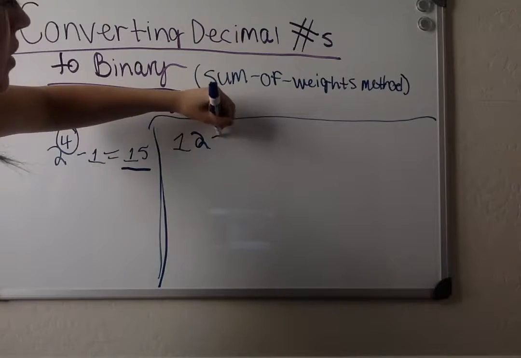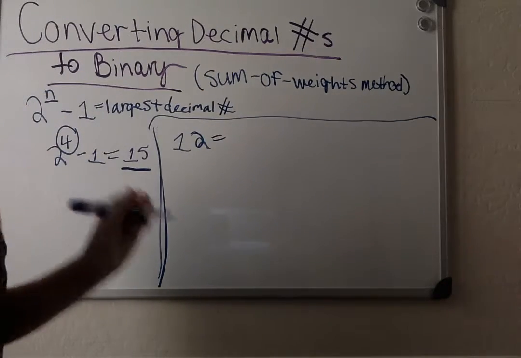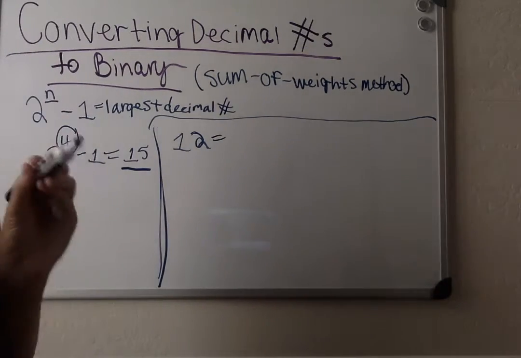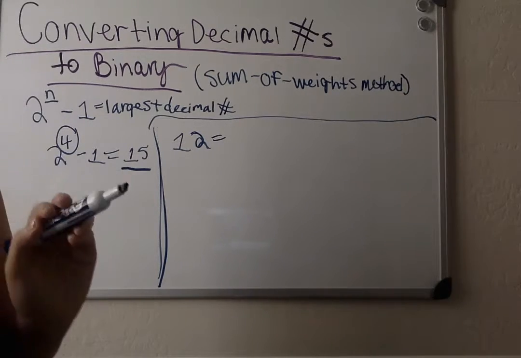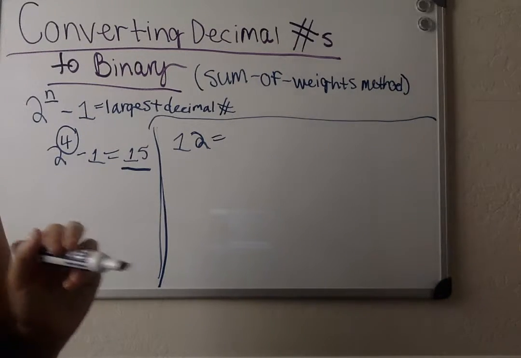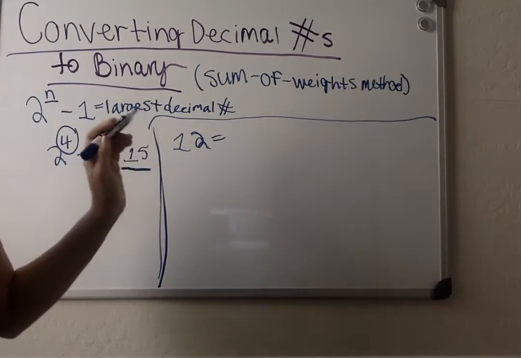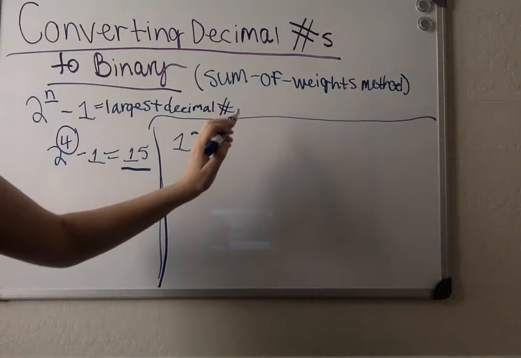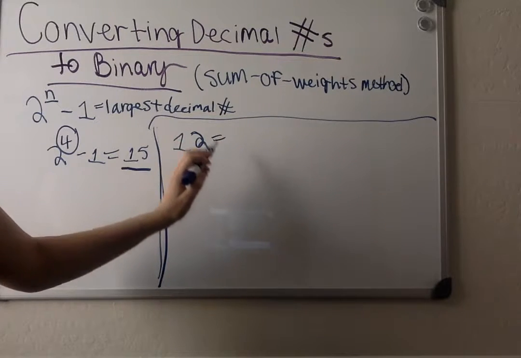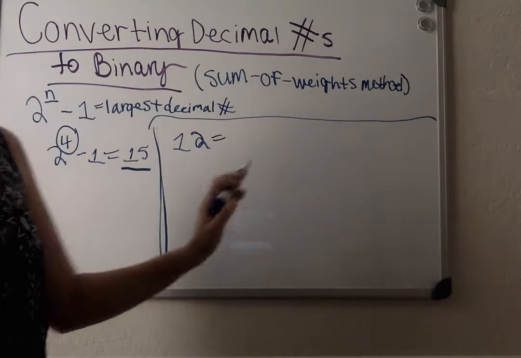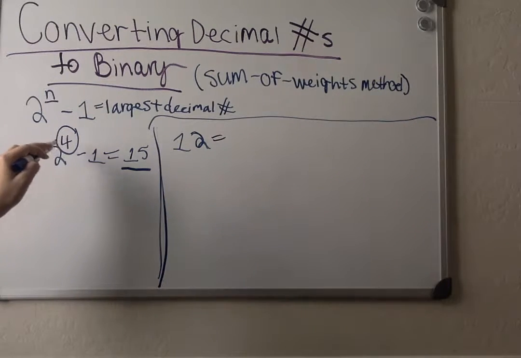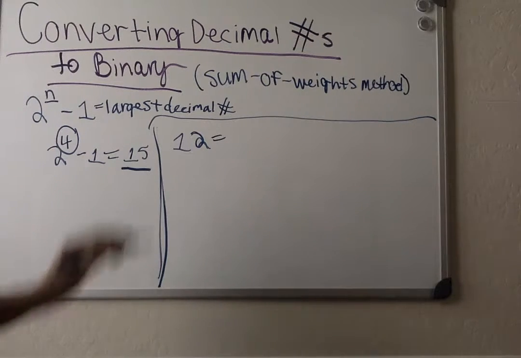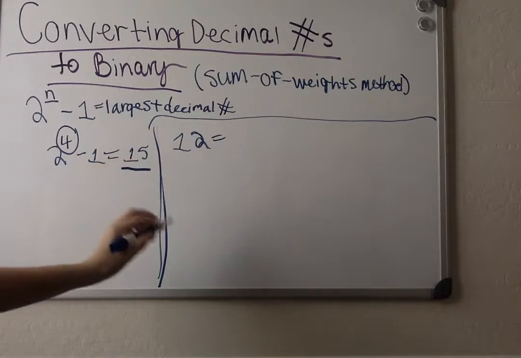So 12 is going to equal, our first bit from the right is going to be 2 to the 0, and then you go 2 to the 1, 2 to the 2, 2 to the 3, because you start at 0. When you have 4 bits, you don't start at 1, you start at 0. That's very important.